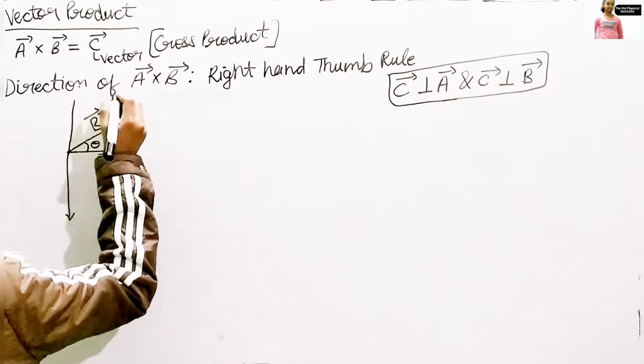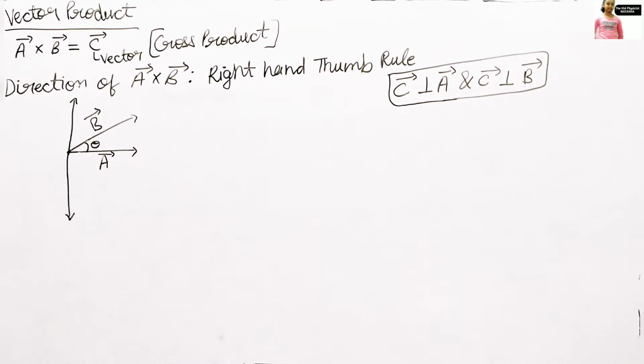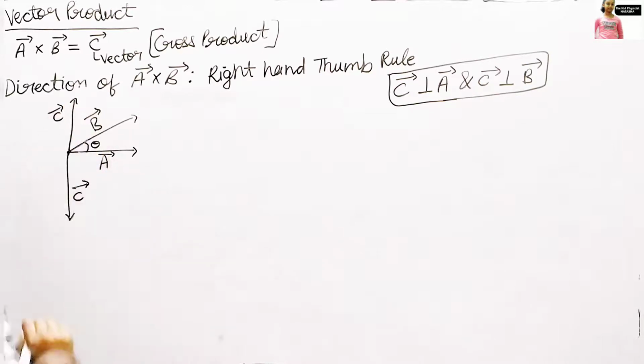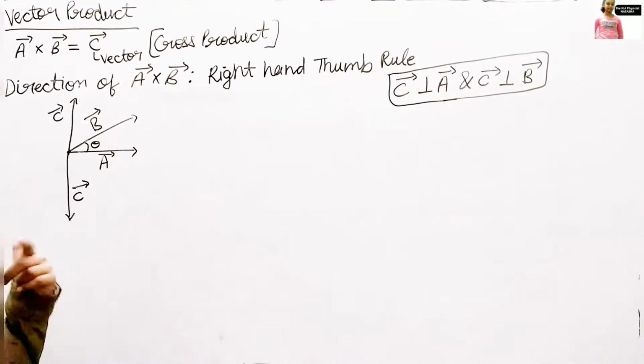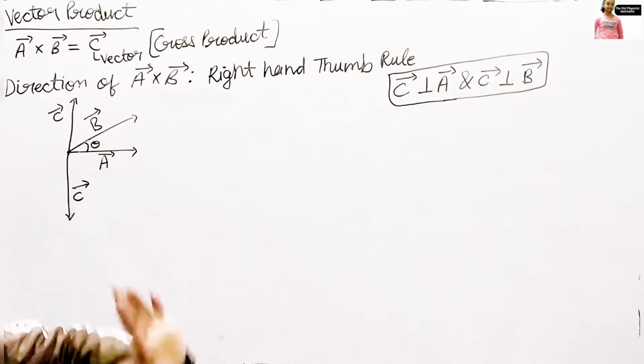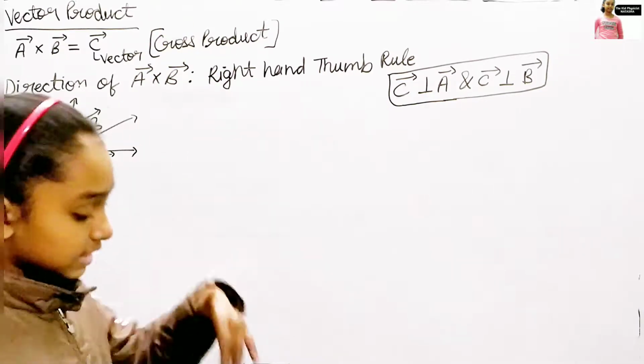This is also vector C. But actually we are stuck, because there are two directions. One of the C vectors is going upwards and the second one is going downwards.